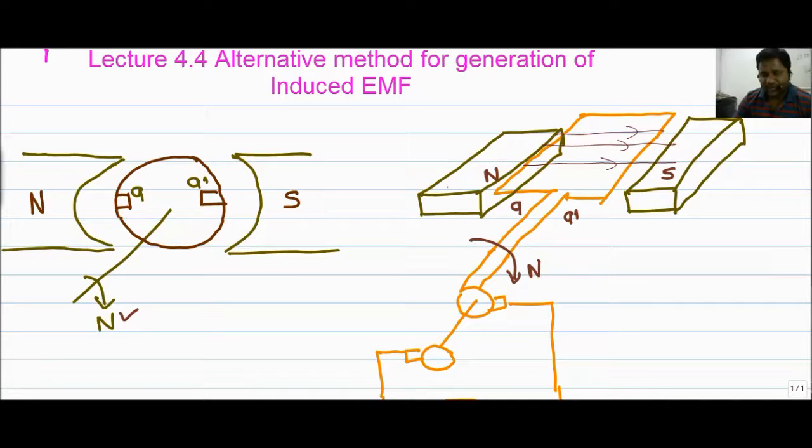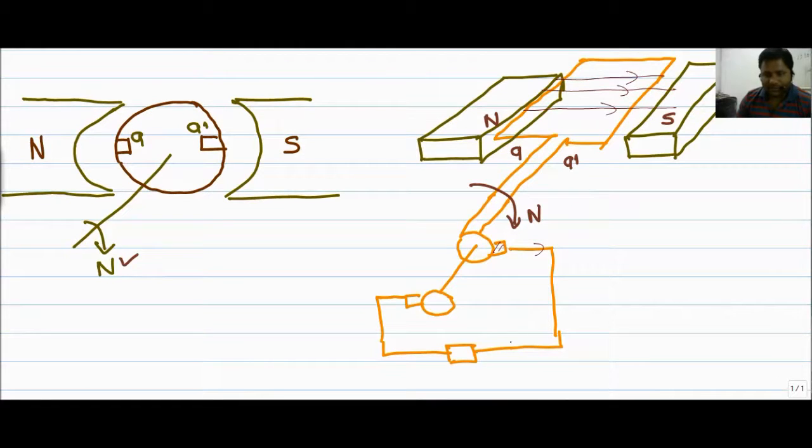The conductors A and A dash experience an induced EMF because of the change in magnetic field, and with the help of slip rings or brushes, we can easily collect the current from the outer ends. This we have done already.